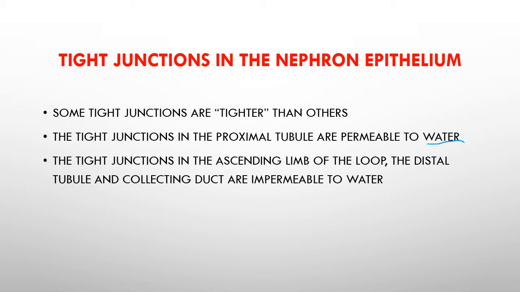As we move down through the loop of Henle, and we're getting further into the system, those tight junctions start to tighten up, and eventually become impermeable to water. And so we're decreasing the amount of water that can travel through and in between the cells.